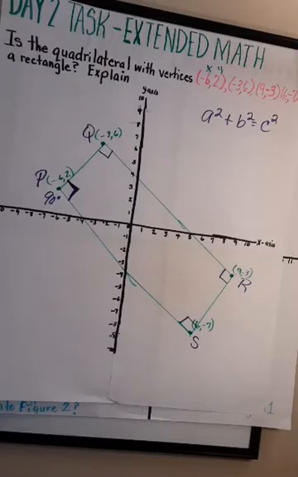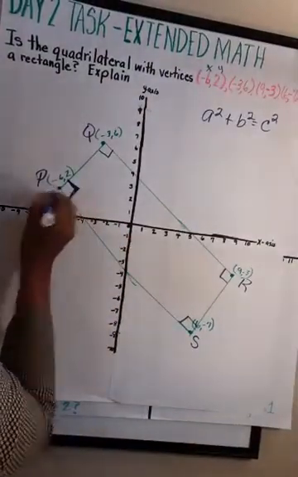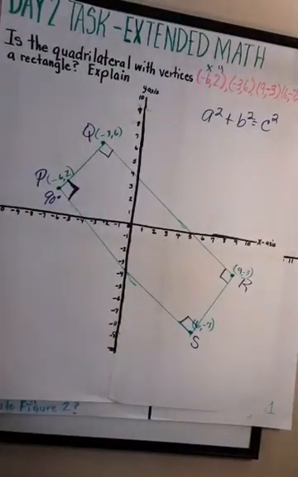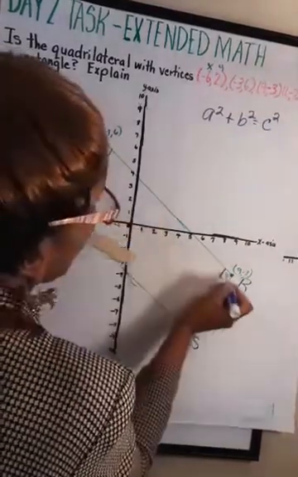We finished the day two task, extended math, but now we're going to go a little bit further with the extended math application. This was another sheet. You got it. And this sheet dealt with diagonals. It wanted you to find the length of two diagonals, and your diagonals were your lines joining or running across.